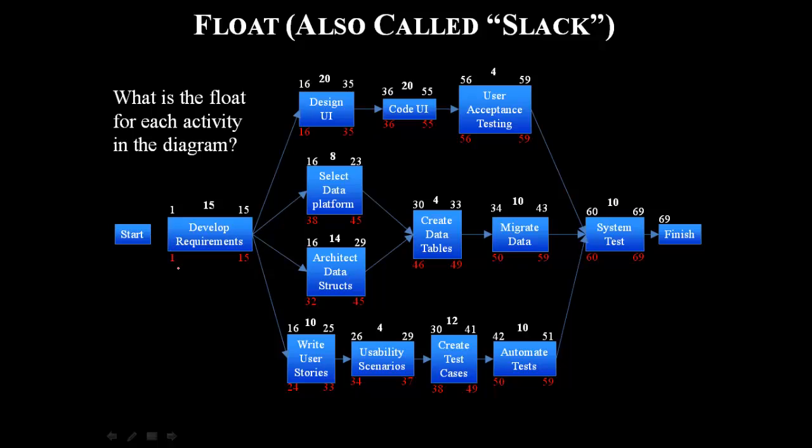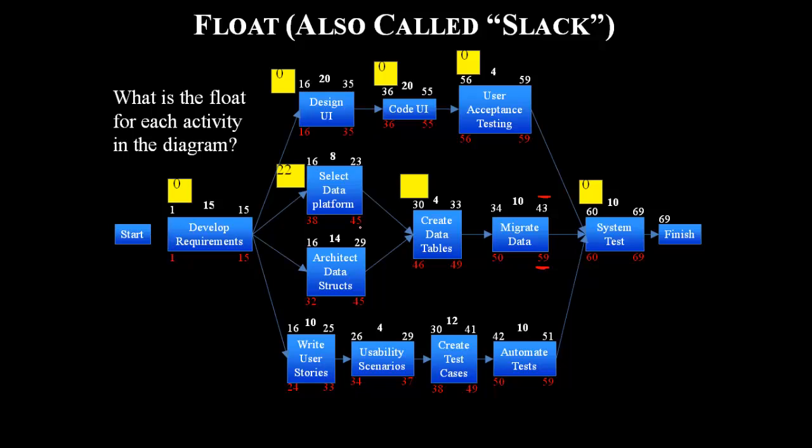Now we have to calculate the float for each activity. It's pretty simple, just subtract. If you see here, it's 59 and this one is 43, so 59 minus 43. Let's start from left to right. On the critical path, it would be 0. Here 38 minus 16 would be 22.